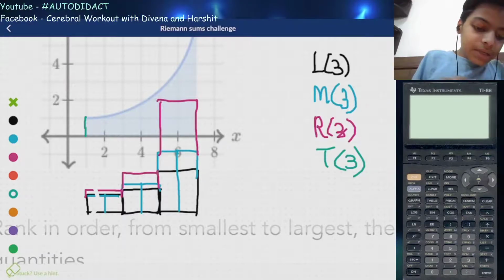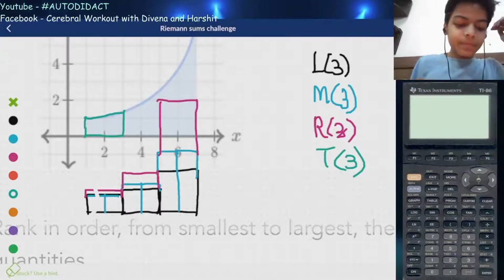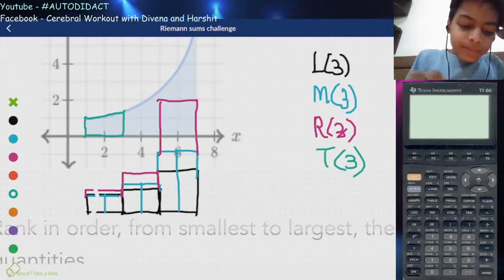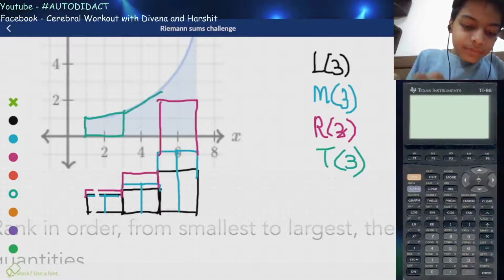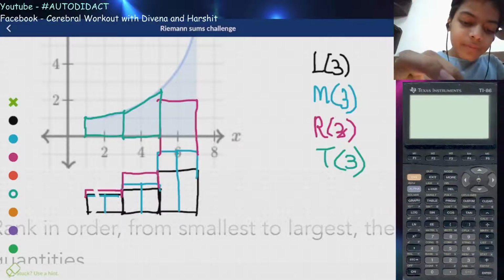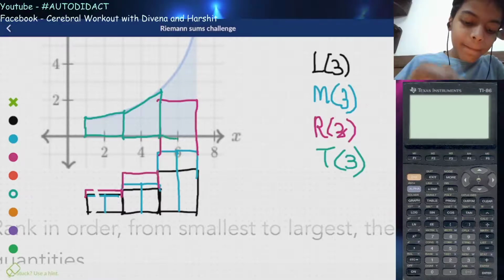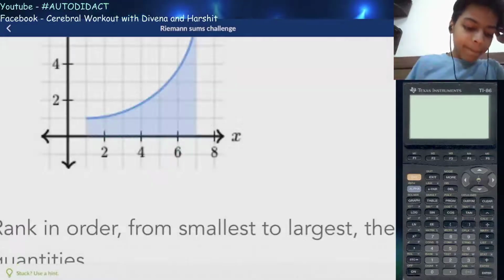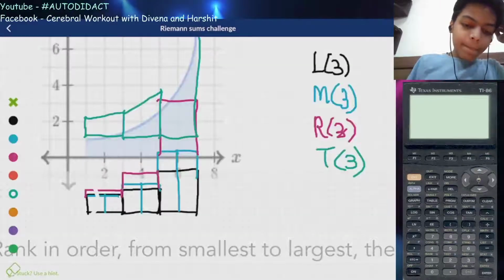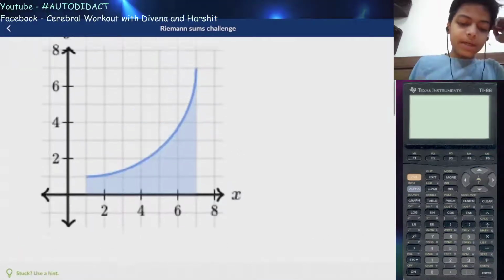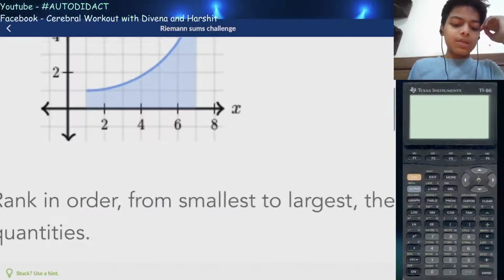It will be like this, followed by till here, and then till here, followed by the very big one, and it would be a better approximation than all these.